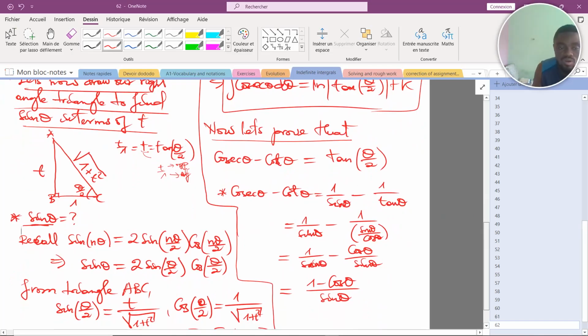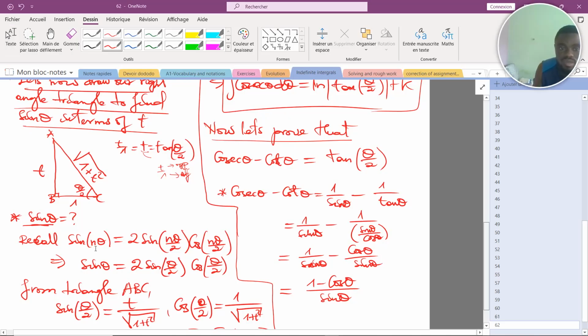Now, I'll first recall that in our triangle we instead have the angle theta on 2. So we cannot find sine theta directly from the triangle. I'll first recall this trigonometric formula: sine n theta equals 2 sine theta on 2 cos theta on 2.